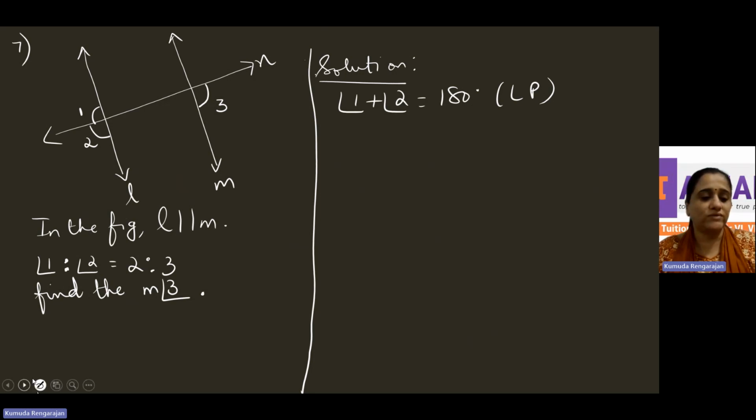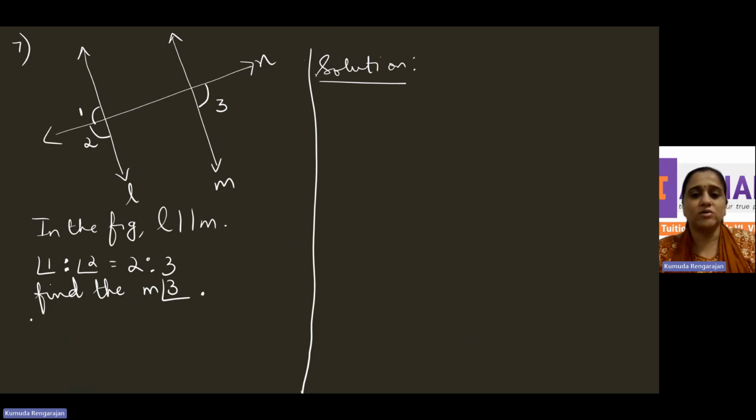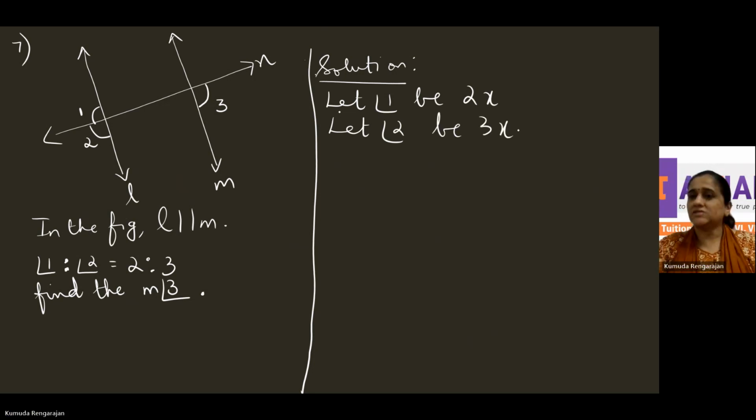That's how we assume when we have ratios. So you should say let angle 1 be 2x. Let angle 2 be 3x. Because angle 1 is 2 parts. Angle 2 is 3 parts.